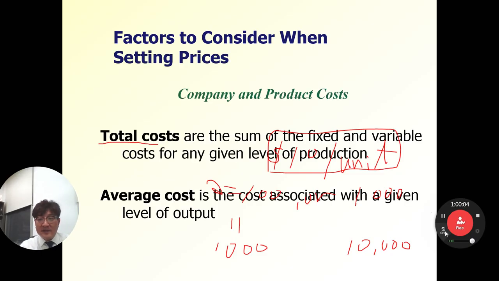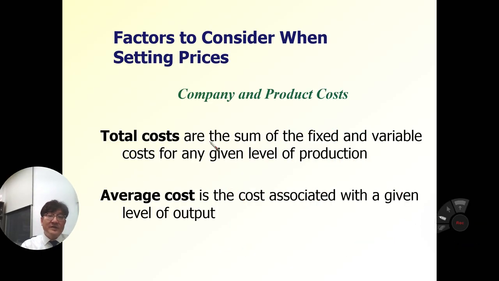Anyway, let's get the eraser. What is the total cost? The total cost is the sum of fixed and variable cost for any level of production. So you can calculate the total cost at a given level of production, for example at the production level of 30,000.